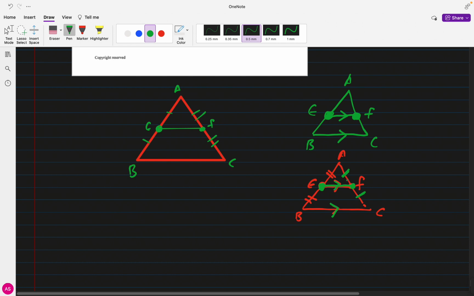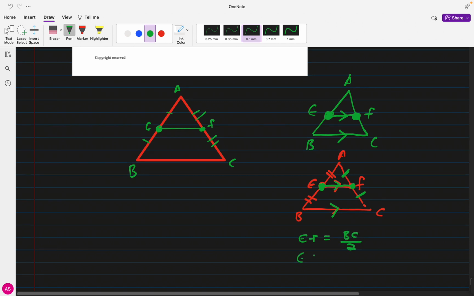But more to that, they say that this line EF, its length is going to be half the length of BC. What does that mean? It means that EF is equal to BC divided by 2.